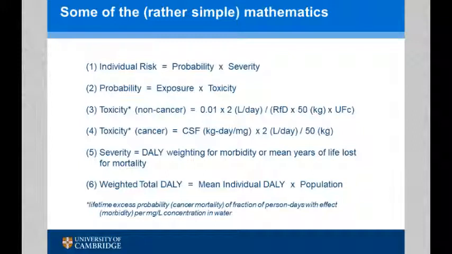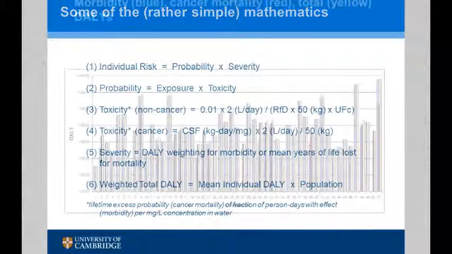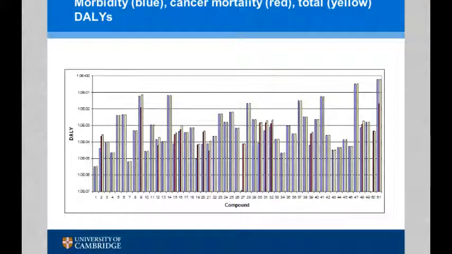Now, some final slides simply showing the daily that's calculated. These are 51 compounds. Some of the compounds you saw earlier on that critical effects slide, that slide, if I had all of them on there, would have 51 compounds on it.